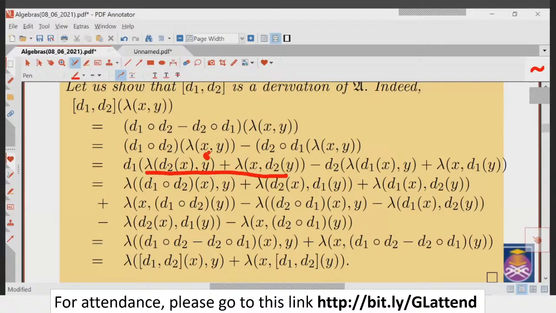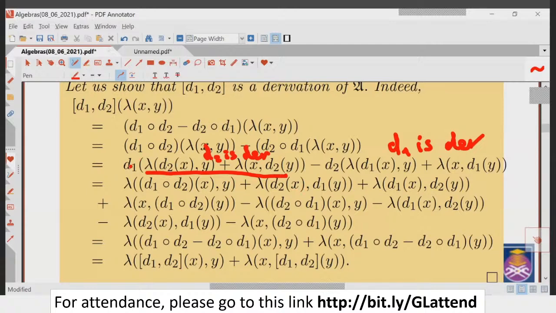D2 is a derivation. Here, it is written this way because D1 is a derivation. D1 is a derivation. Okay, now just apply D2, D1.